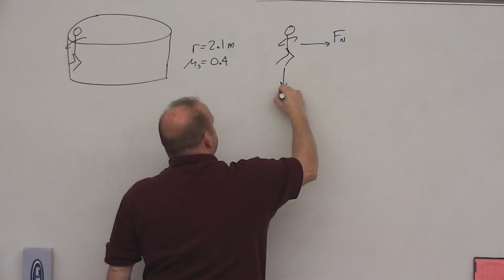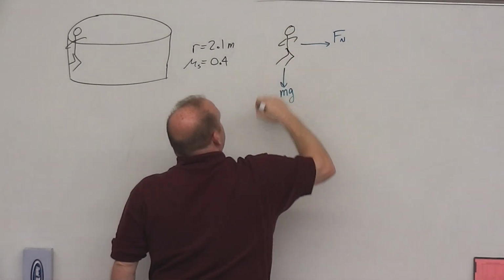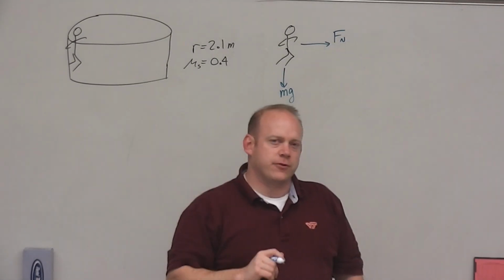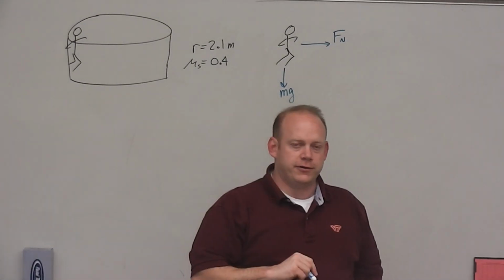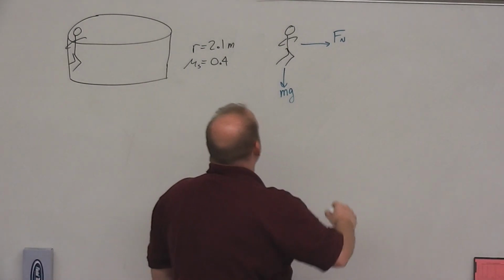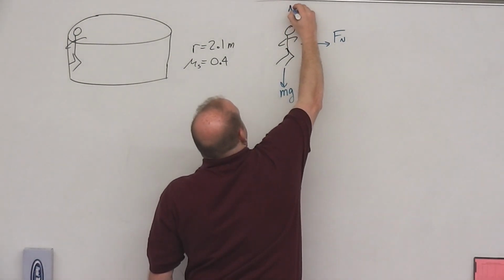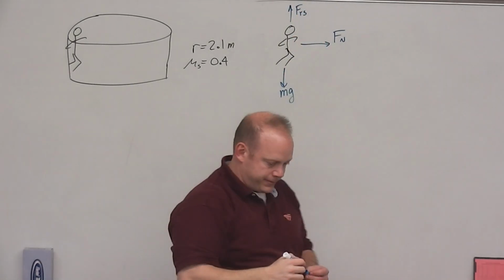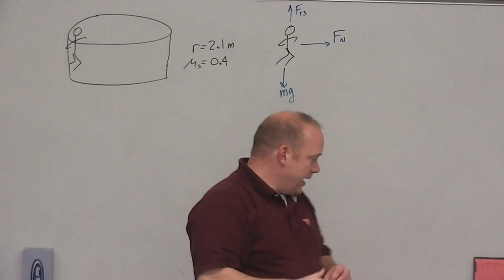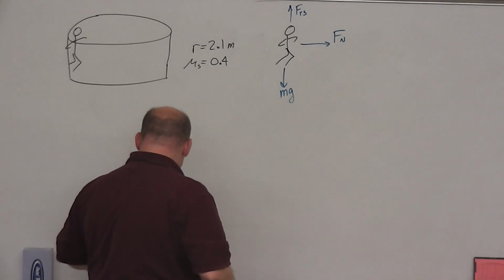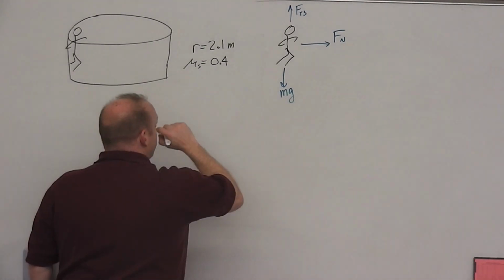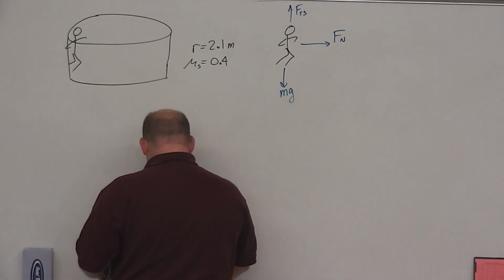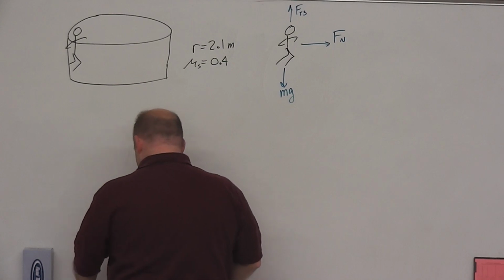Gravity is acting on the rider, as always. And what's preventing the rider from sliding down? What force is it that's preventing the rider from sliding down? Pause, think. The force is the static frictional force. Now, we also have an acceleration that will point inward.